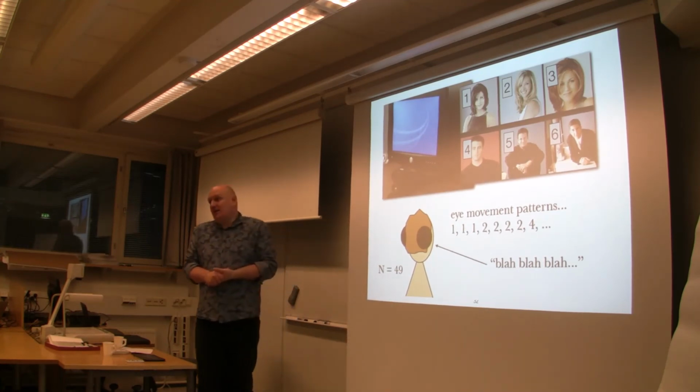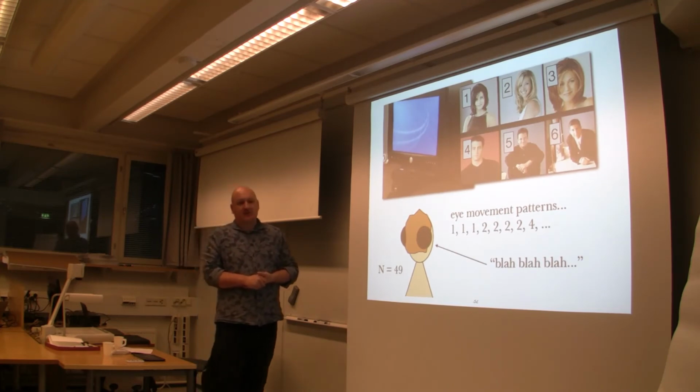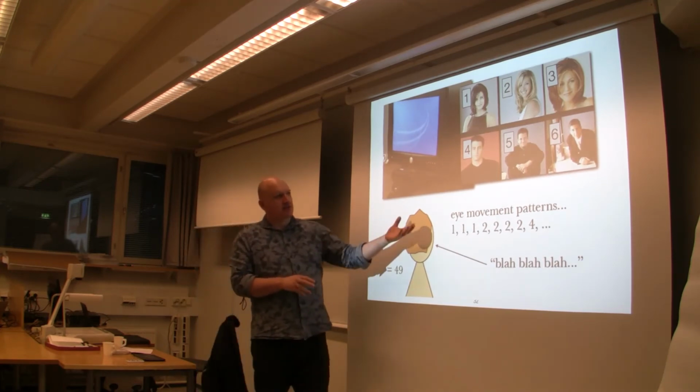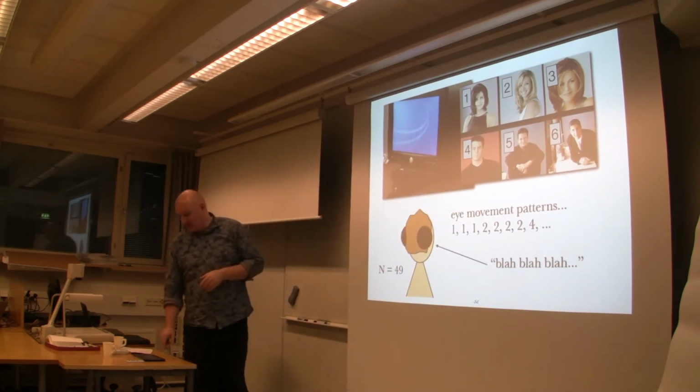Now you have two time series, one of a listener and one of a speaker. The question is, what happens to those eye movement patterns? Are the listeners lagging behind what the speaker is saying, or something else?